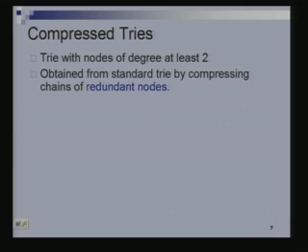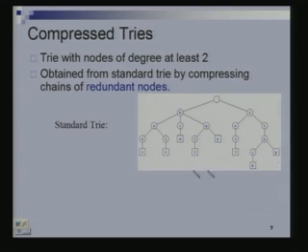So we'll do the following. We are going to look at all nodes of the trie which have degree only 1, and remove those nodes. By degree 1 I mean nodes which have only one child, and I am going to compress those nodes. If this is my standard trie, see that there are a whole lot of nodes here which have only one child, right?